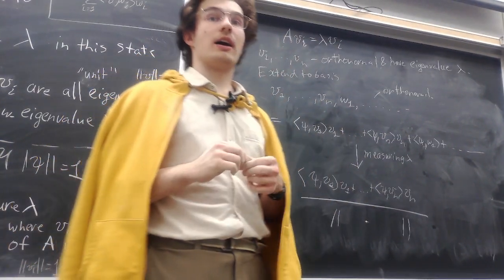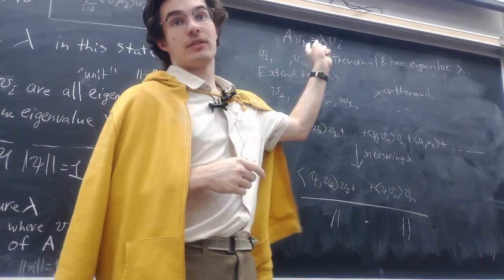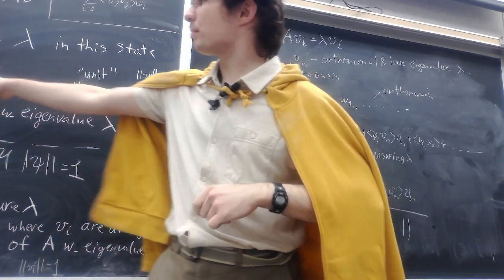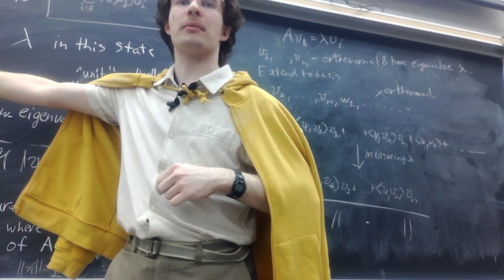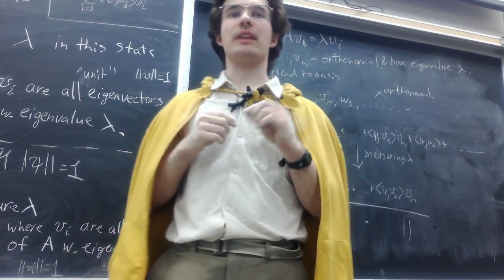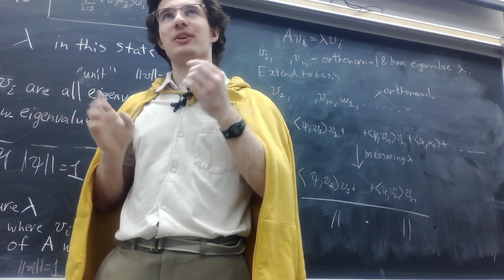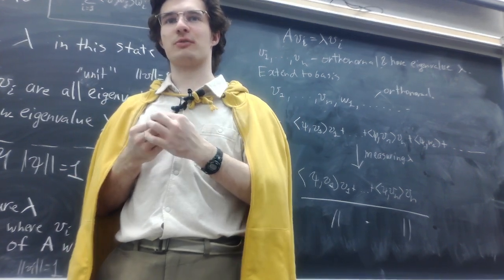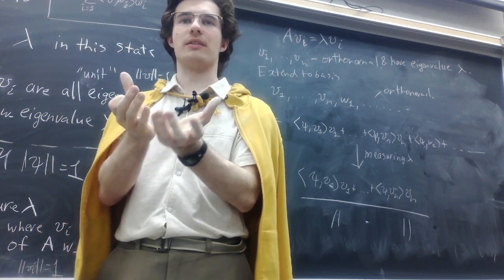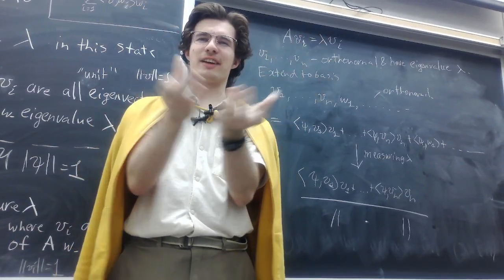Good. Remember, we wanted our states to be normalized. Why did we want them to be normalized? So that when we compute probabilities using this formula, we get probability of 1. Like I say it's a Hilbert space, but actually you aren't quite working with a Hilbert space, because you're kind of working with a projective space, because you're only considering states with norm 1. What are states with norm 1? That's like a sphere in your vector space.